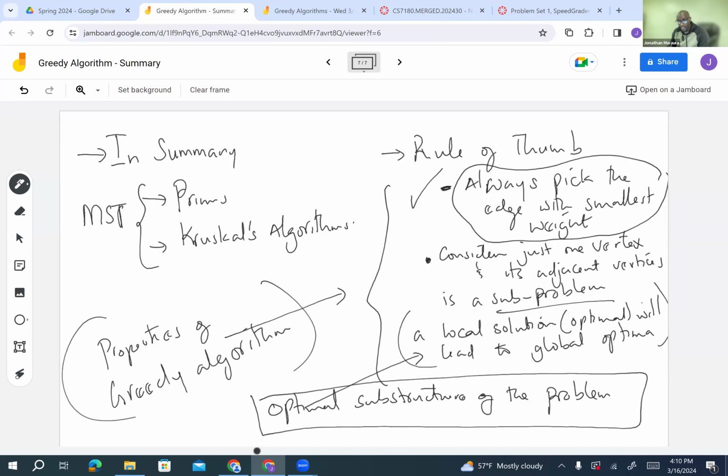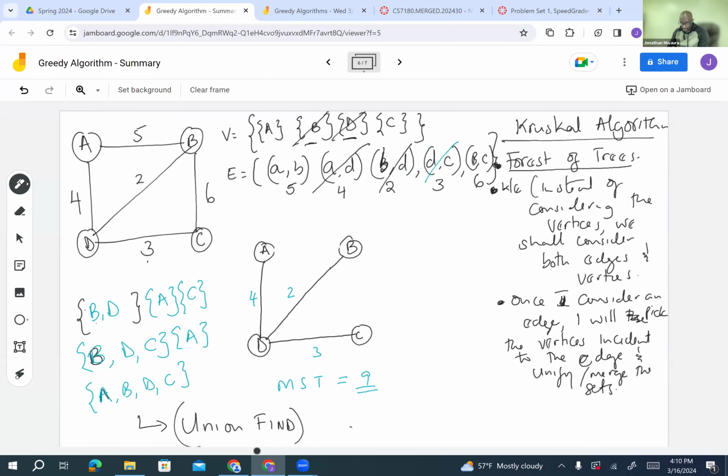The idea is that a local solution, the solution of the sub-problem, will form part of the overall solution to the global problem. So when we consider just one of the edges, for example BD, which was 2, that is going to be part of the overall solution to the actual problem that we have.